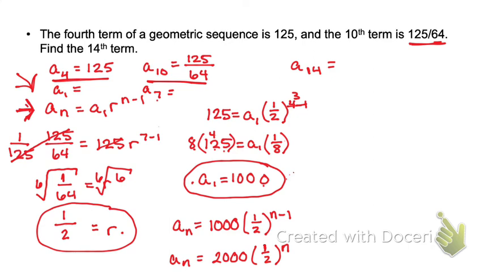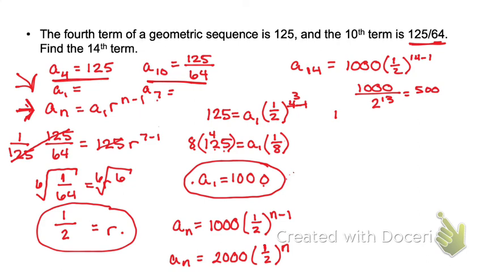So to find a sub 14, we'll plug it into both and make sure we get the right answer. So I have 1,000 times 1/2 to the 14 minus 1. So I get 1,000 over 2 to the 13th. And I probably need to reduce that, right? So if I divide 1,000 by 2, I get 500.